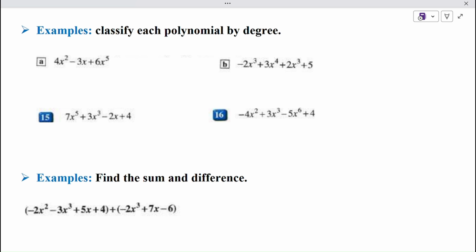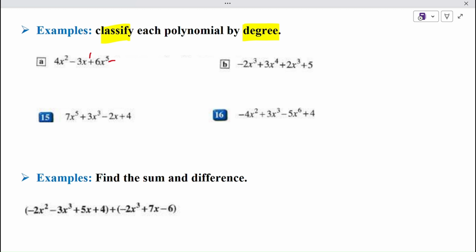The question says classify each polynomial by degree. It means you have to choose the highest degree. So let's choose the highest degree. Where is the highest degree in this polynomial? Here we have 2, 1 and 5.